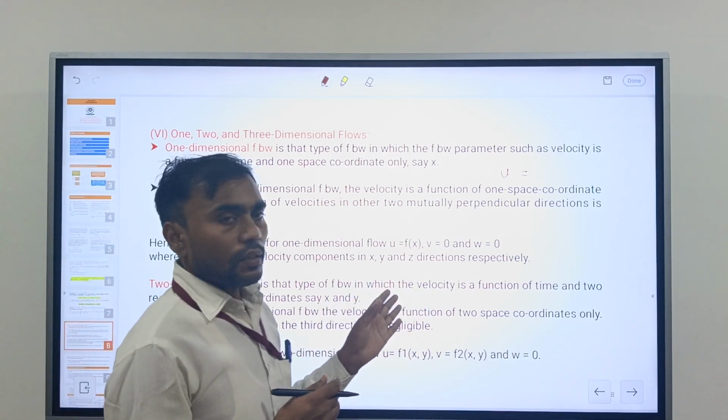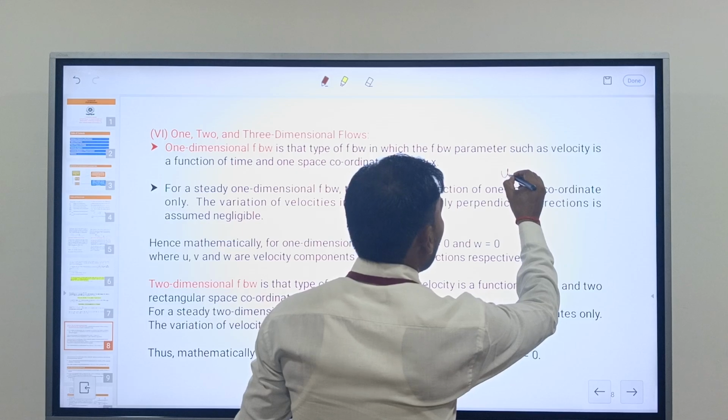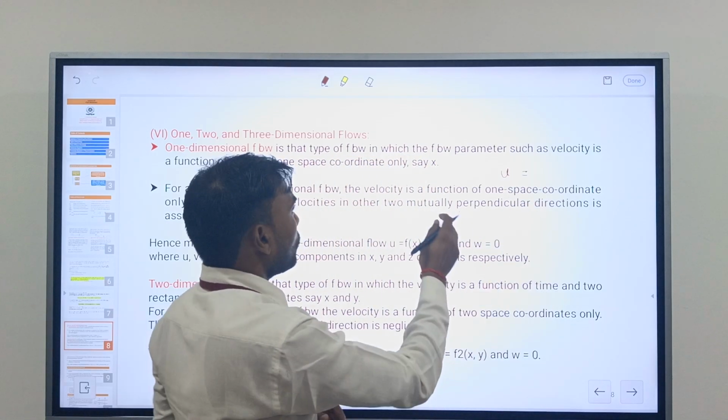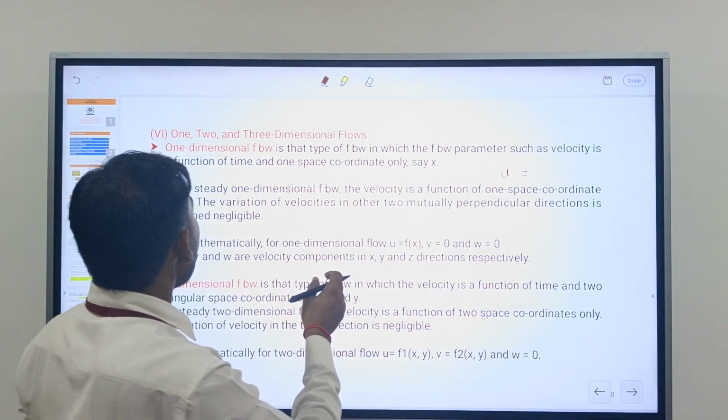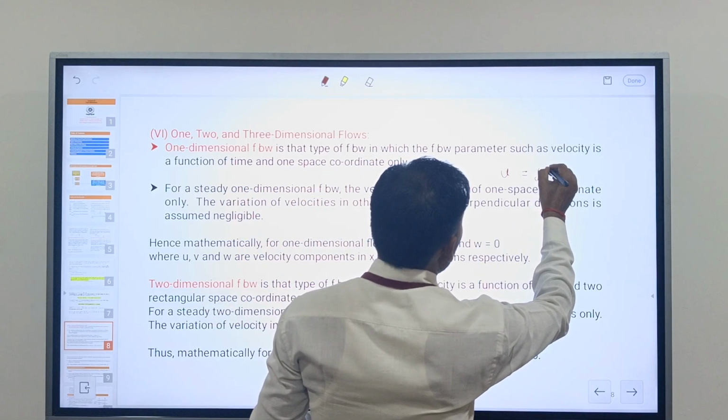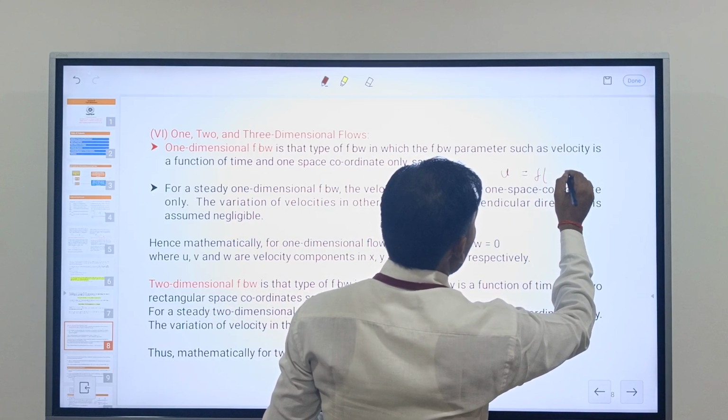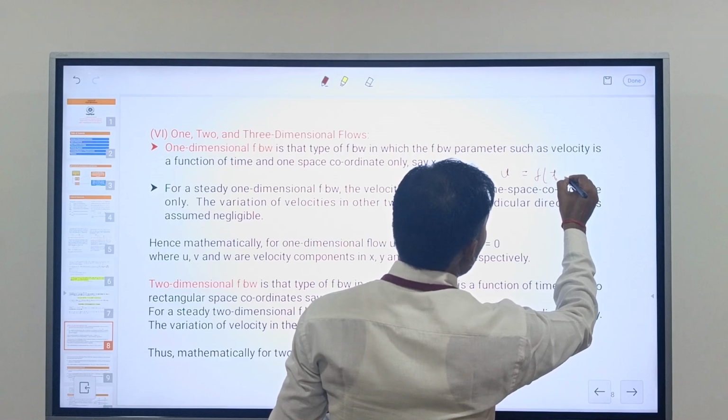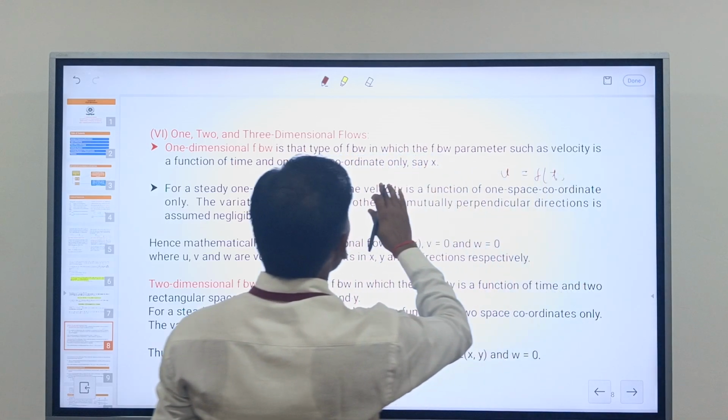Here u is represented as the velocity in x direction. So it is basically a function of time t and space in only one coordinate.